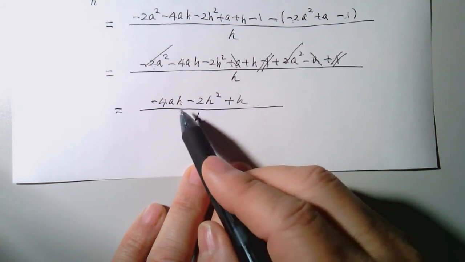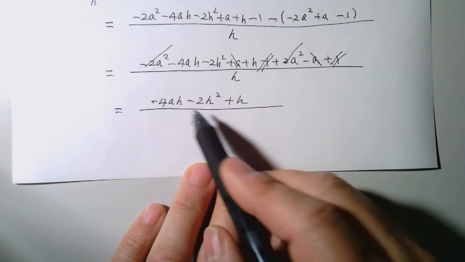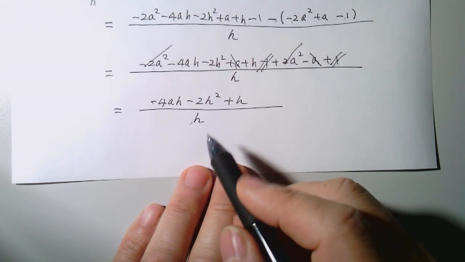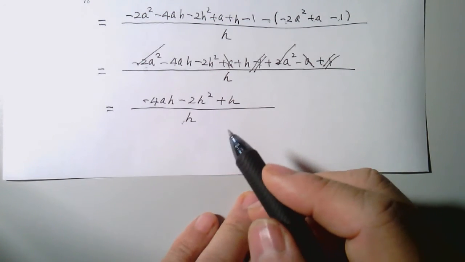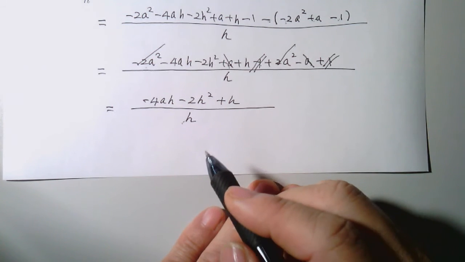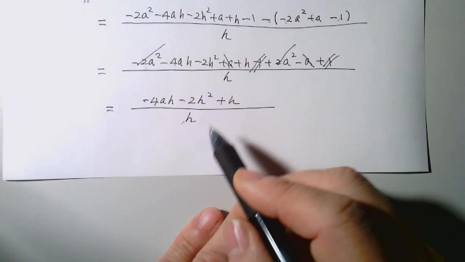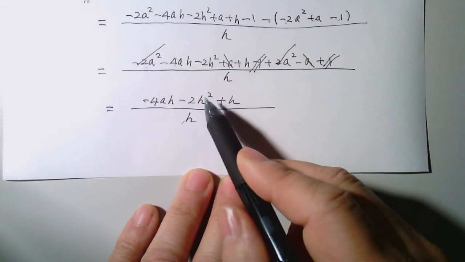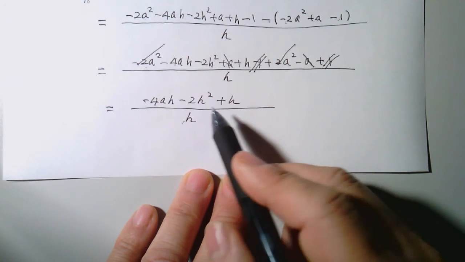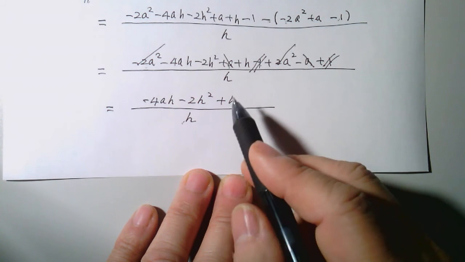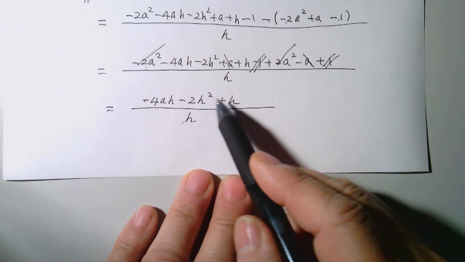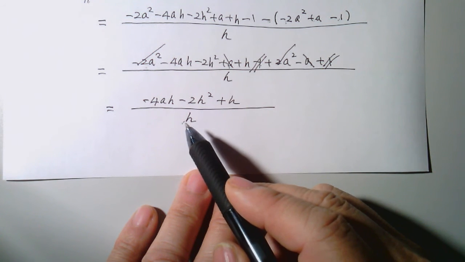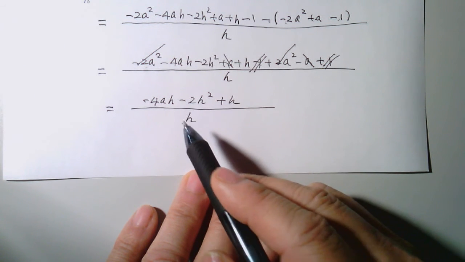The reason is, in order to reduce a common factor, the numerator and denominator must be in so-called factored form. Right now, the numerator is not in factored form, so you can't reduce anything.